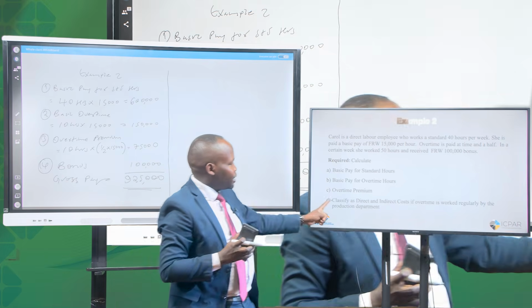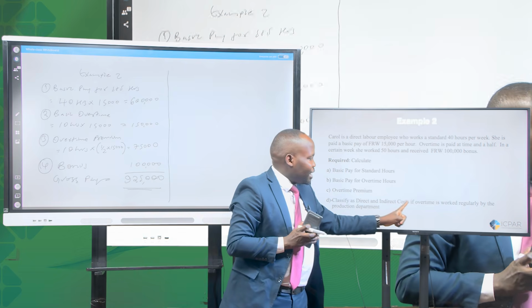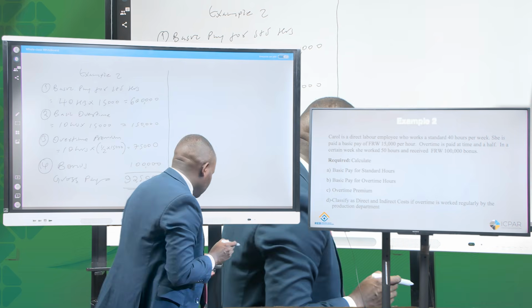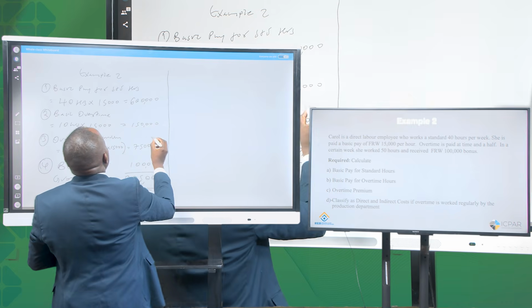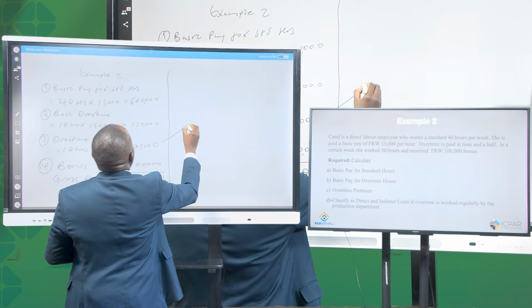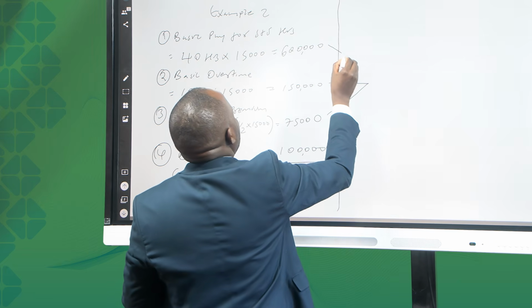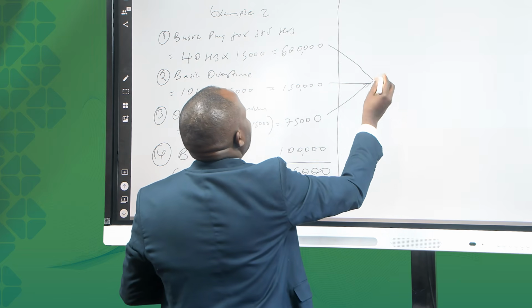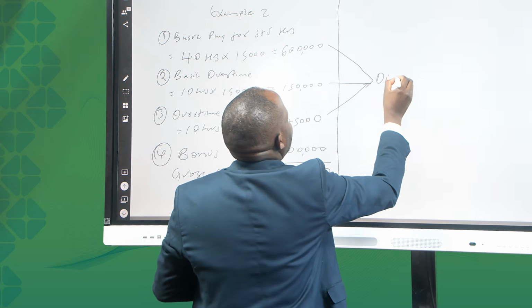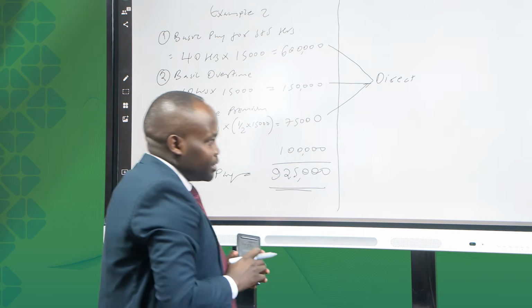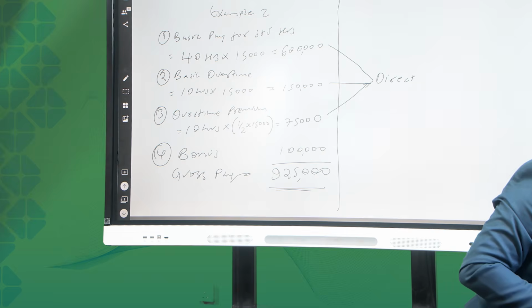But you are told to classify as direct and indirect costs if overtime is worked regularly. If overtime is worked regularly, the basic, the basic overtime, and the premium, those three will be direct. It is different from the other example because in the other example, overtime was not worked regularly.